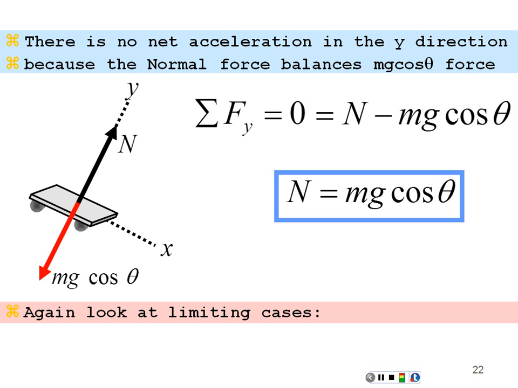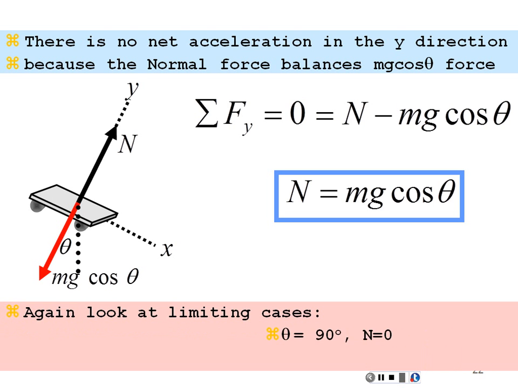If theta goes to 0 degrees, cosine of 0 is 1, the normal force will equal its weight because the normal will be pushing up, mg will be pulling down, and normal force will equal mg. It fits those limiting cases. So 0 at 90 degrees, no normal force. At 0 degrees, normal force equals mg.